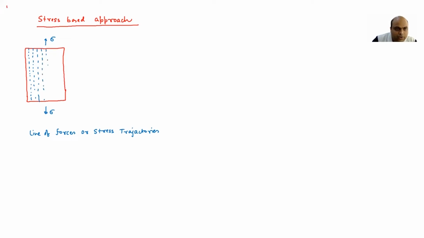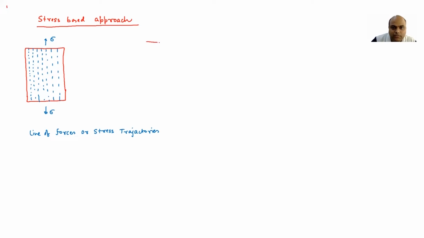So I can draw many lines like this in a given plate. Now let me introduce a crack, or say a hole or porosity here, and let's see what happens to this line of forces or stress trajectory. So I have the same plate, but let me now magnify it a bit so that you can understand it better.